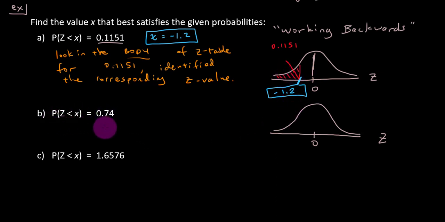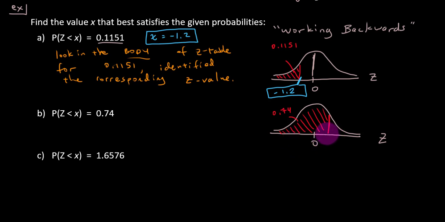But here in part B, this has 0.74, and it's also pointing to the left. So we need a fair portion of the left tail shaded. We need the entire left tail shaded, but we need this to go all the way to 0.74. 0.74 is what that red region is representing.